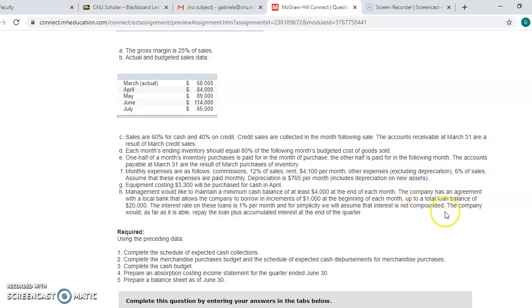And then we also have 6% of sales. So 6% of 84,000 equals 5,040.